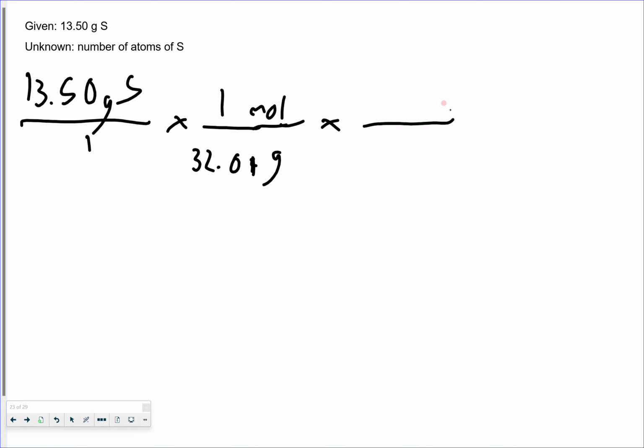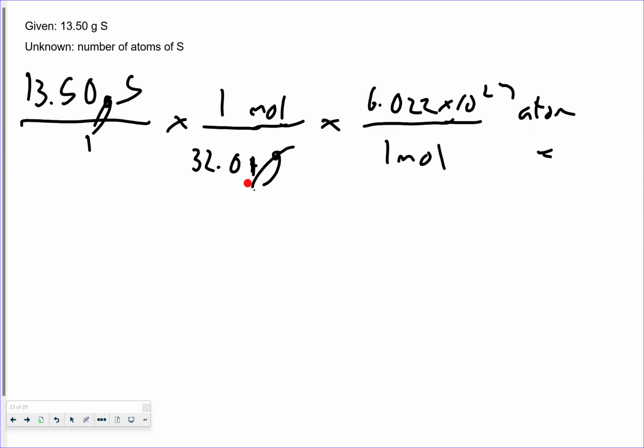And then we set up our next unit conversion, which is Avogadro's number. So 1 mole is equal to 6.022 times 10 to the 23rd atoms. Always check for unit cancellation.